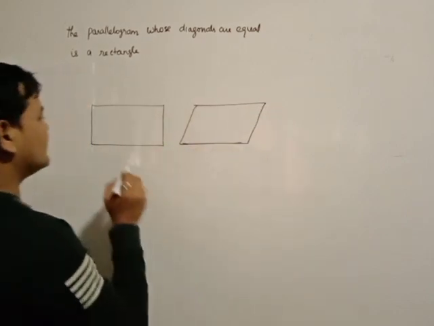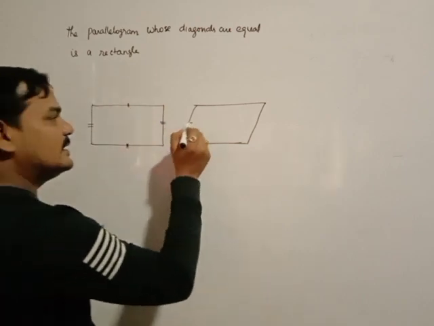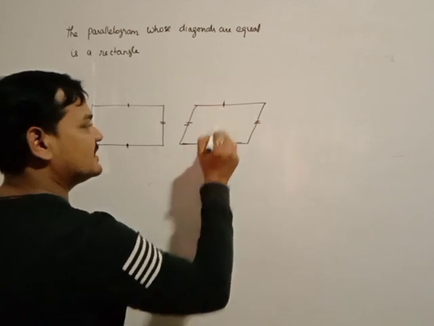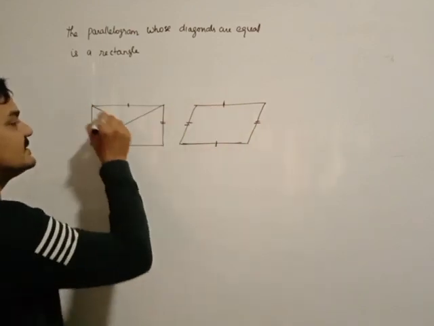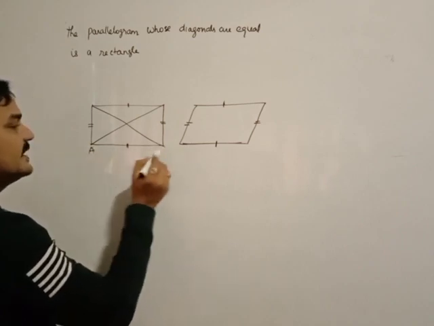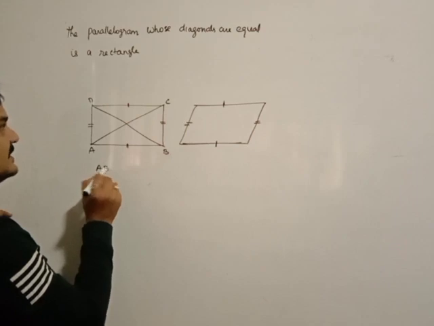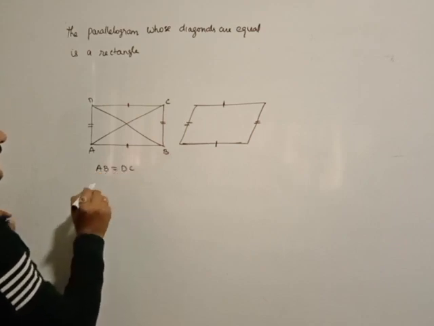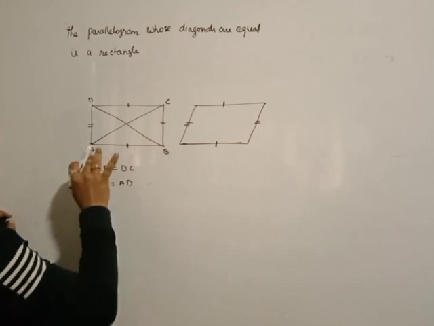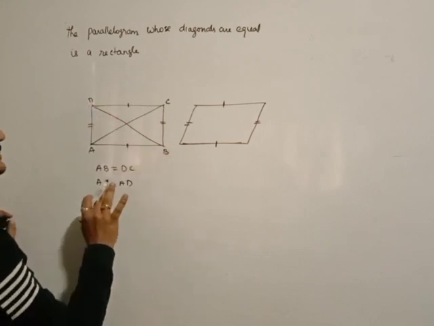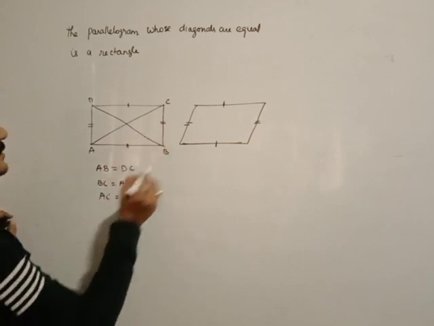In a rectangle, opposite sides are equal. Similarly in a parallelogram also opposite sides are equal. But in a rectangle the diagonals are always equal. If you take ABCD, AB is equal to DC, AD is equal to BC, and again AC is equal to DB.